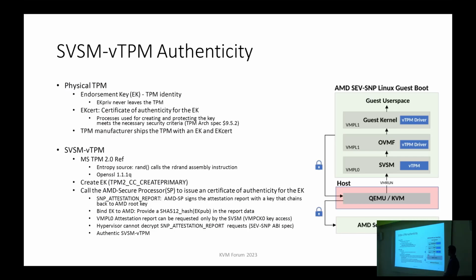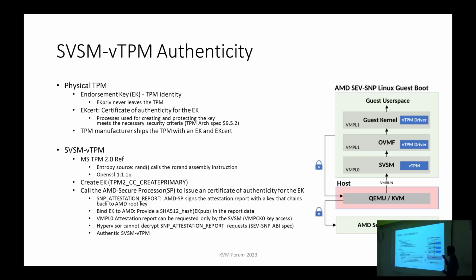It's easy to create the EK. The EK is not a problem. We can just issue a command to the VTPM and say, okay, create for me a primary key. But before creating the EK, we need to make sure that we have a good entropy source at the beginning of the boot, because the EK would be created at early boot.